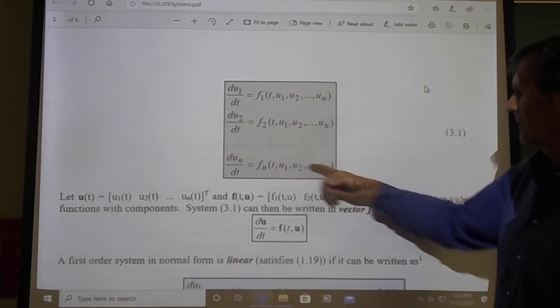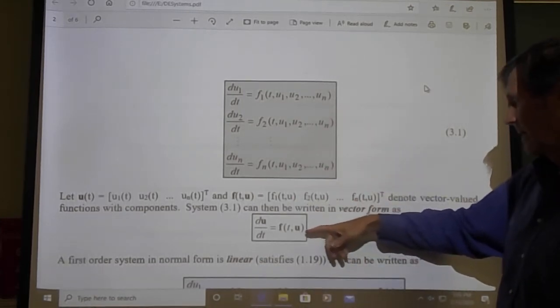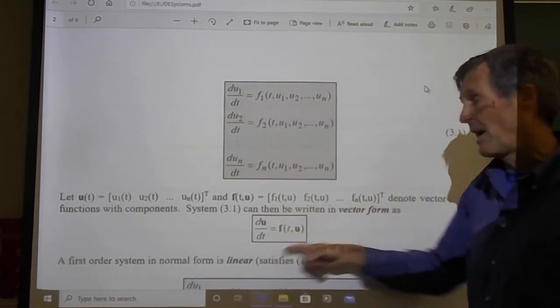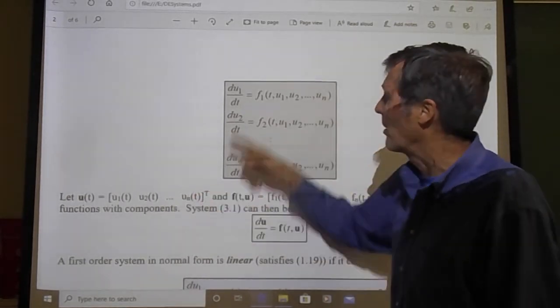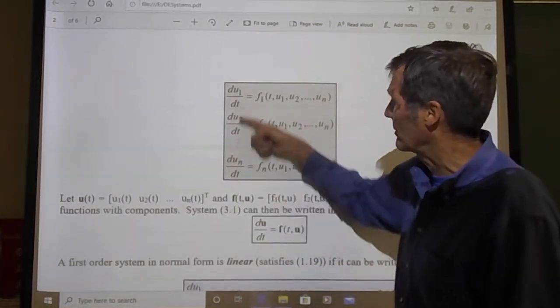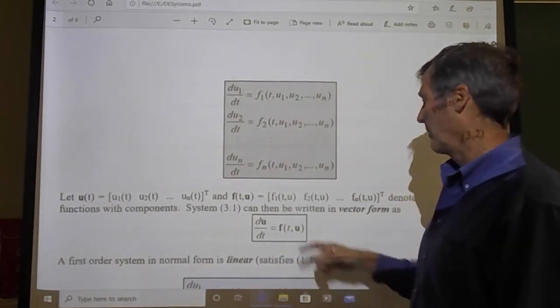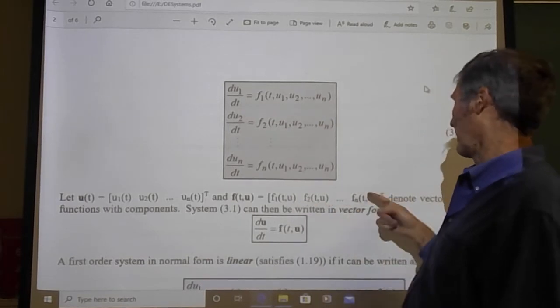is a function of the vector of u's. And so now you can write this whole system in this compact format. du/dt means the derivative component by component of this vector, so it's these components, du1/dt through dun/dt. And f on the right-hand side refers to this vector of n components, this one right here.